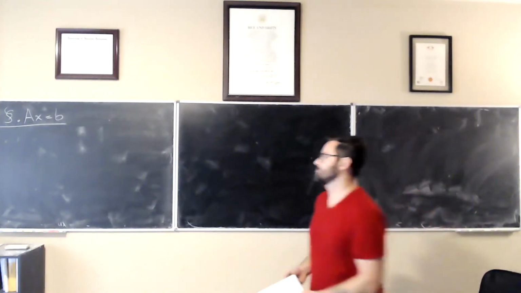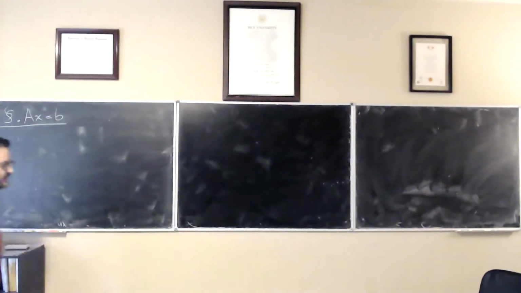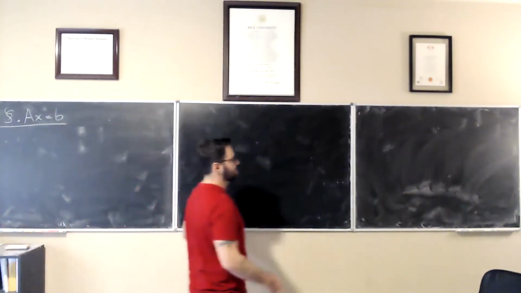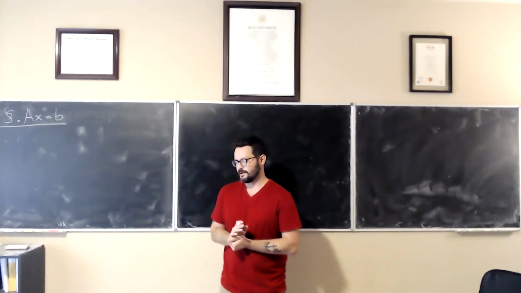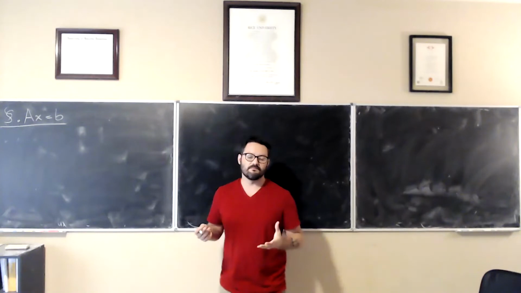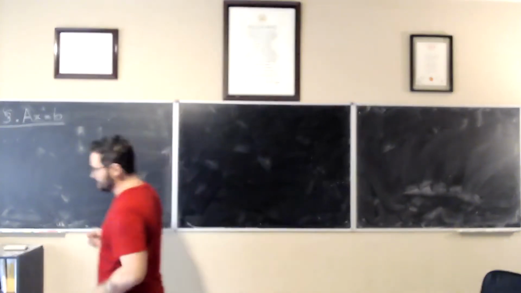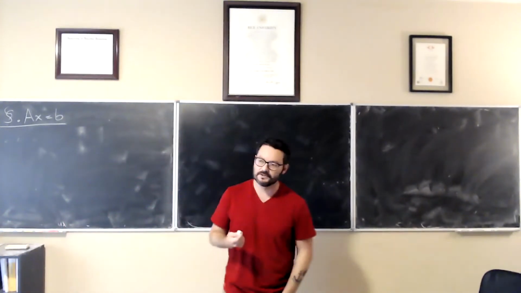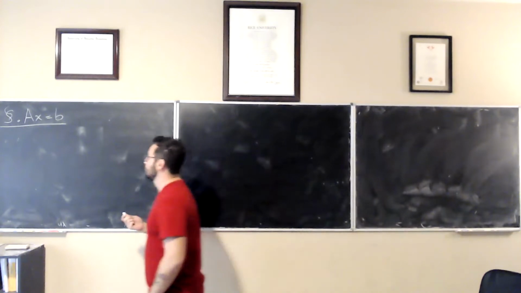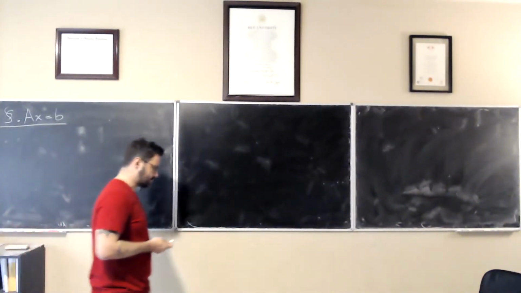Okay, so in the previous recording, we spoke about matrix vector multiplication and matrix multiplication, and we learned how to manipulate matrices by way of multiplication. This is important for several reasons, but one of them is to deal with this equation here, Ax equals b.